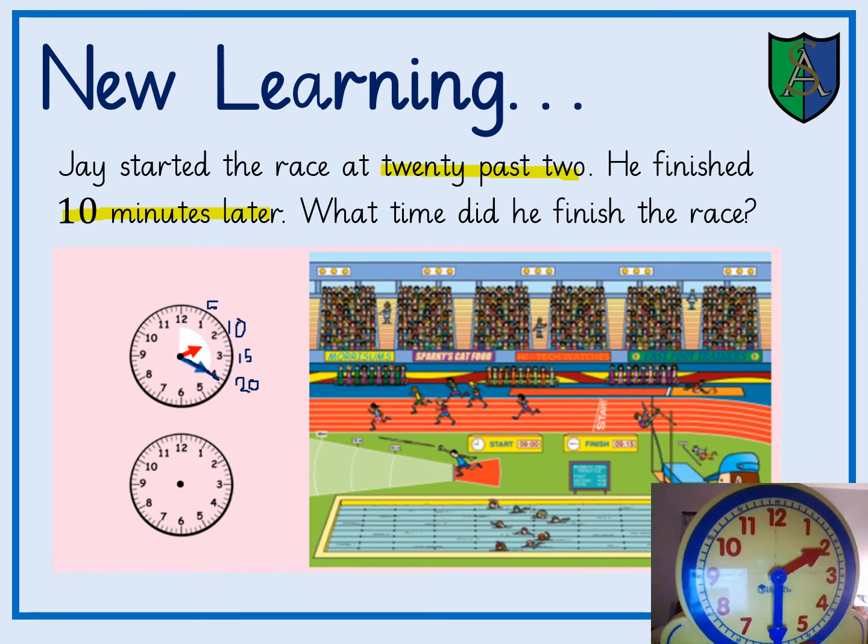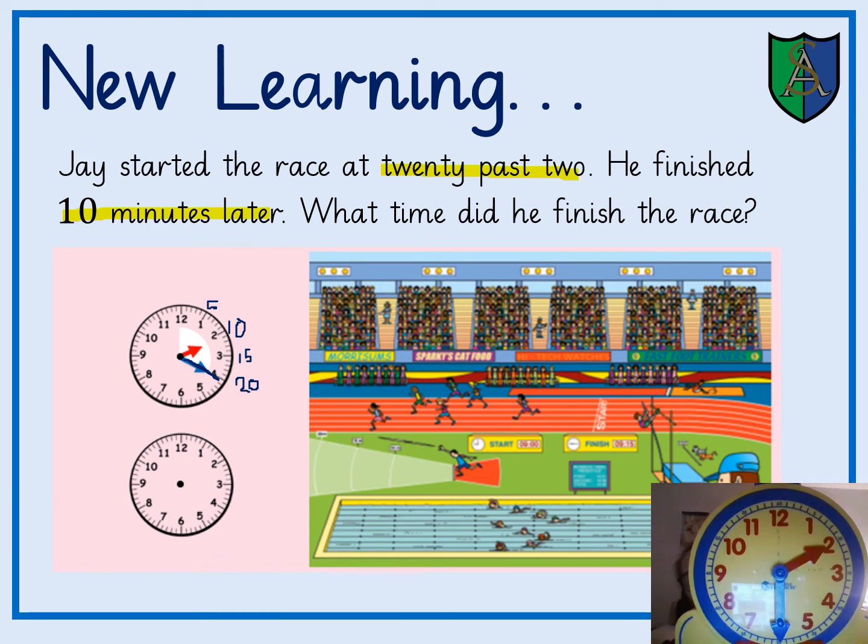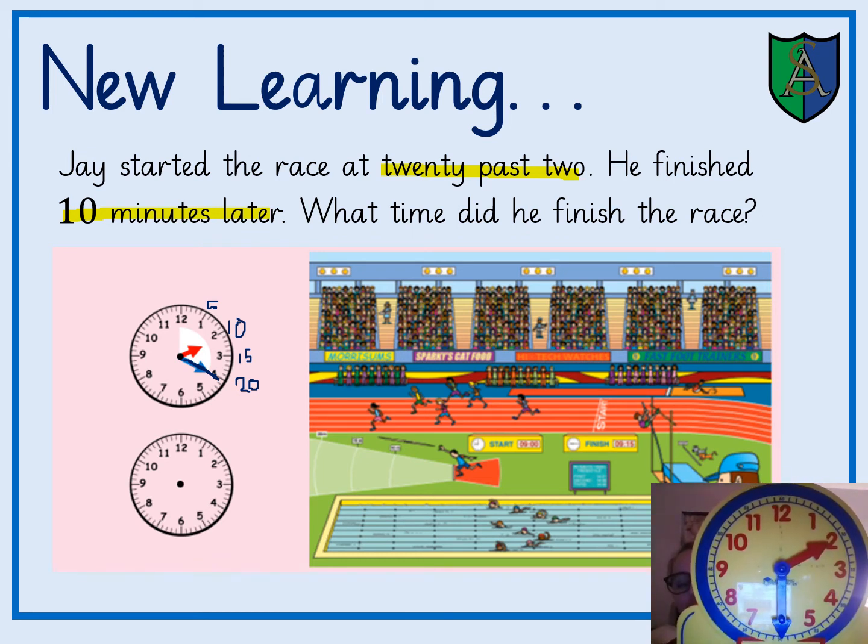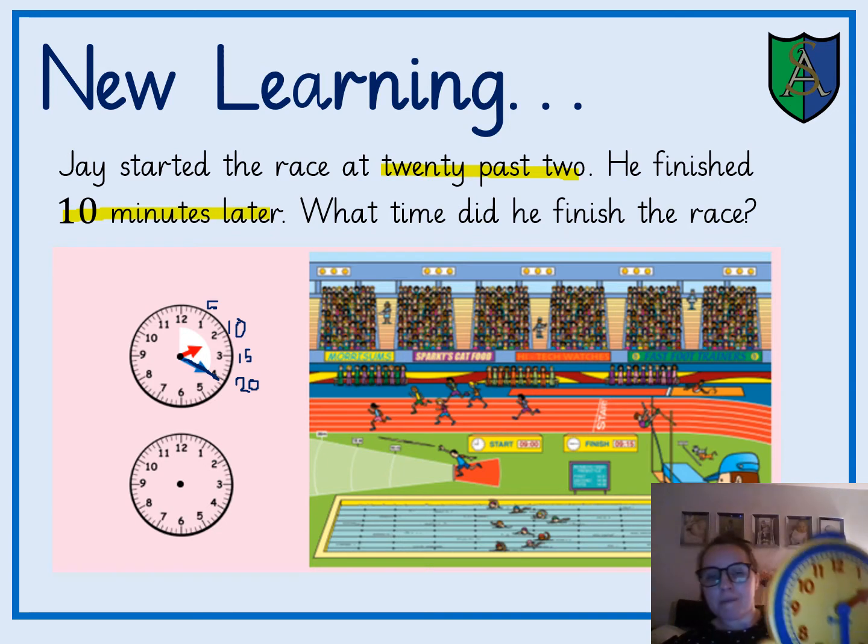Where is my clock pointing now? Pause the video if you need more time. Well done if you said that it would be 2:30, okay? Because the race would have finished at 2:30 because 2:30 is 10 minutes after 20 past 2, isn't it?